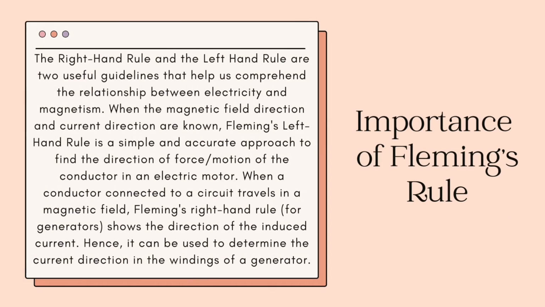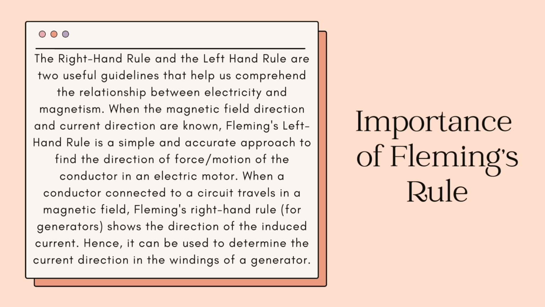The right-hand rule and the left-hand rule are two useful guidelines that help us comprehend the relationship between electricity and magnetism. When the magnetic field direction and current direction are known, Fleming's left-hand rule is a simple and accurate approach to find the direction of force or motion of the conductor in an electric motor.